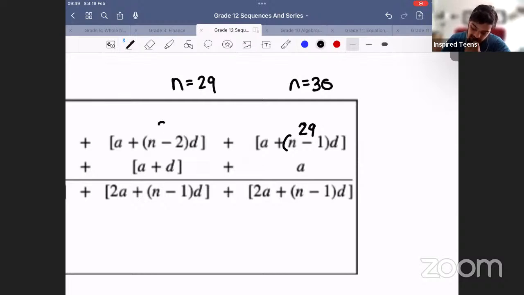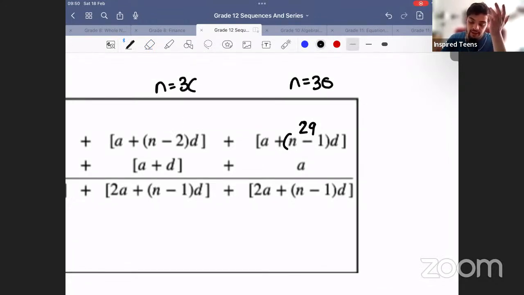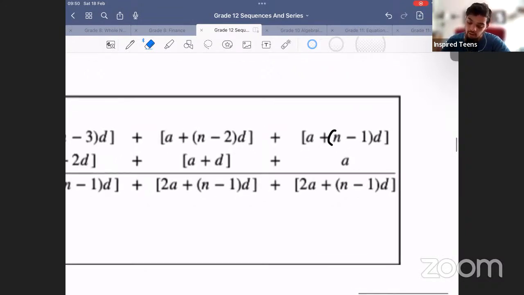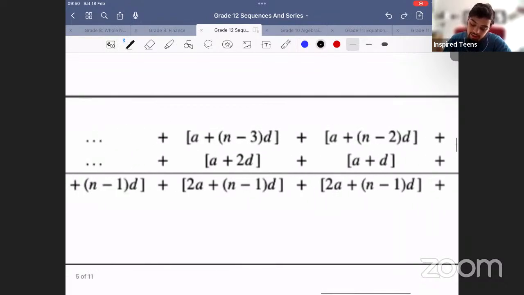Oh no, it's n. N doesn't change, sorry. N is again the total number of terms, 30. We're assuming that n is the total number of terms. So this is n minus 2, 28. 29, 28, 27, and so on. Okay, so I hope that makes sense. Again, it doesn't need to completely make sense, as long as you can memorize it, it would work. But basically I'm explaining it to you so that you understand it and that it's easier to learn. So yes, n minus 1, n minus 2, n minus 3, and so on.